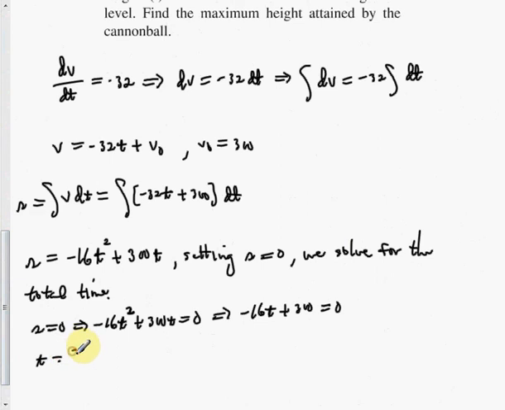So t is equal to 300 divided by 16. Has anybody gotten that? It's like 18 point something. 18.75.